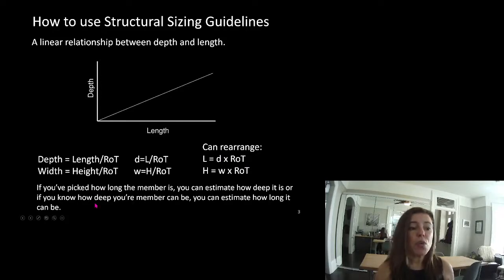So if you know how long the member is, remember, you're the architect. You're creating the layout. You are the one determining how long it is. That is your design choice. How long is this member? So you know that. If you know how long it is, you can figure out approximately how deep that member needs to be. Why is that important? And you heard me say this in the first lecture, I believe.